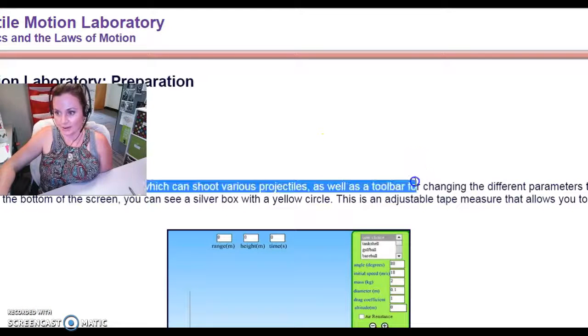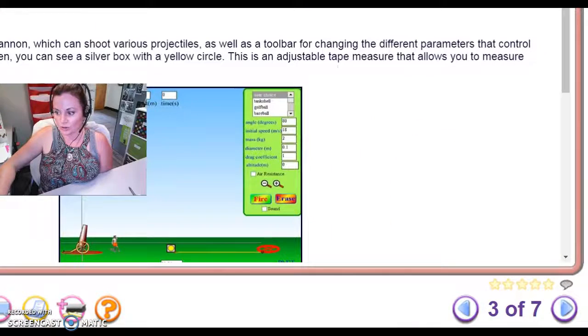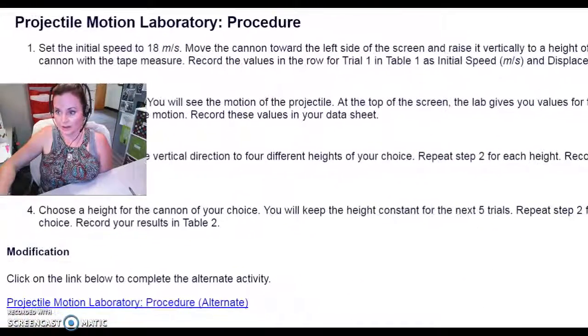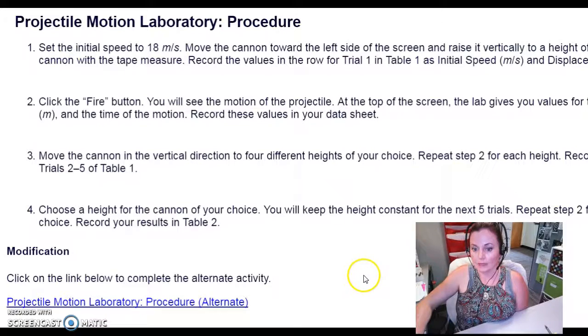All right, so I'm not going to walk you through specifics on what to do in the lab because those directions are in the lesson planner. It gives you all the directions, how to use it, what to collect for data, and how to set up your data sheet.